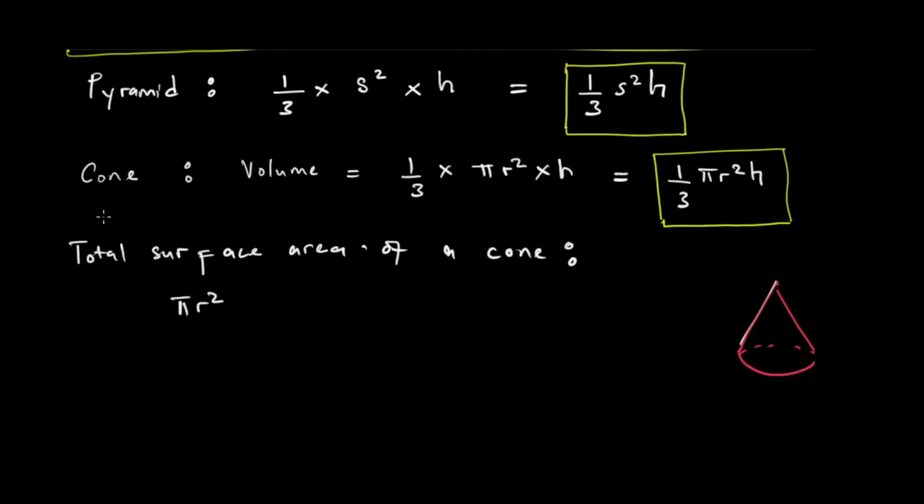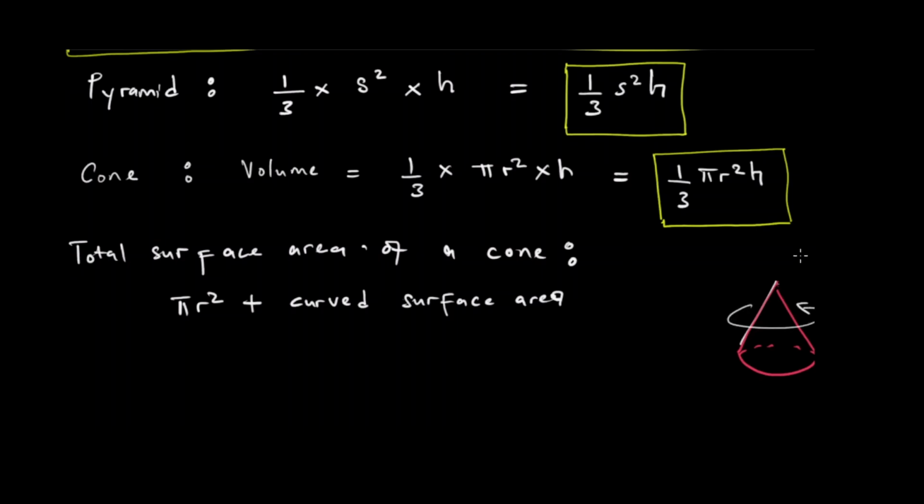So it's pi r squared plus, remember that for total surface area we take the areas of all the faces. So it's plus what? The curved surface area. So for the curved surface area, we are talking about this area that is curved.